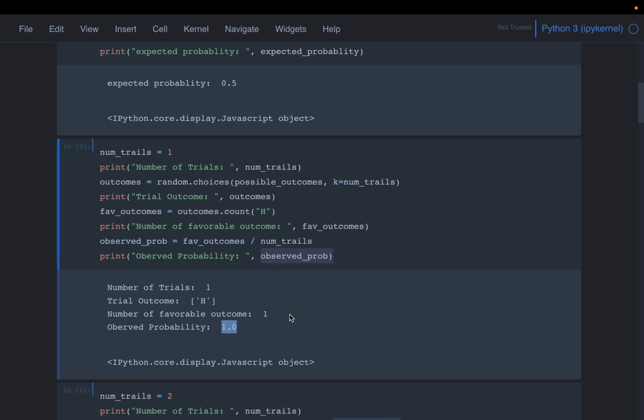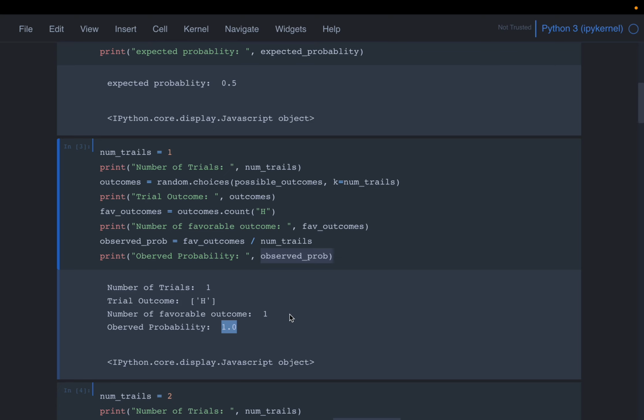Hey, does this mean when we flip a coin, we always get heads? No, right? That's not correct. But why did it happen? When we say the probability of getting heads is equal to 0.5, what it means is if we repeat the experiment many times, half of the times we get heads.